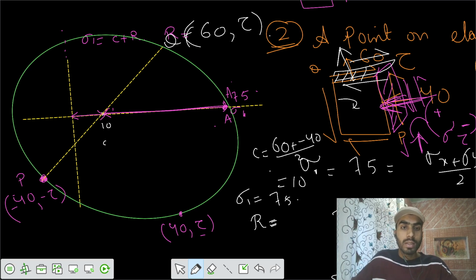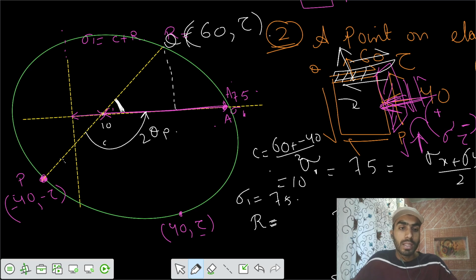Now we want to say what's the value of tau at this location. This is plane P. If you got the value of that principal plane location, the value of 2 theta p, you can say what's this angle.